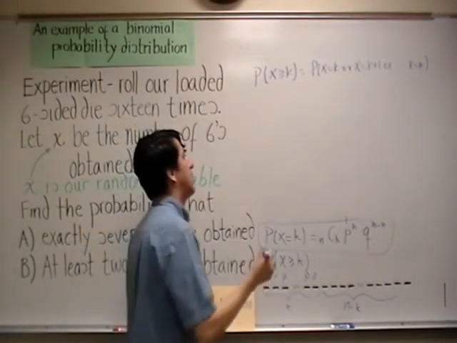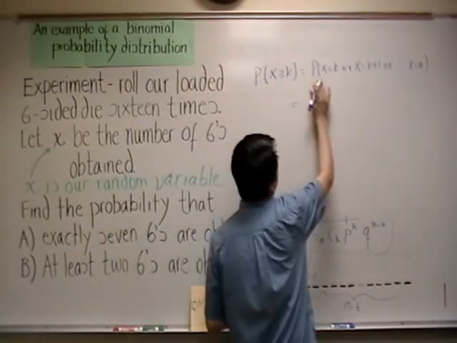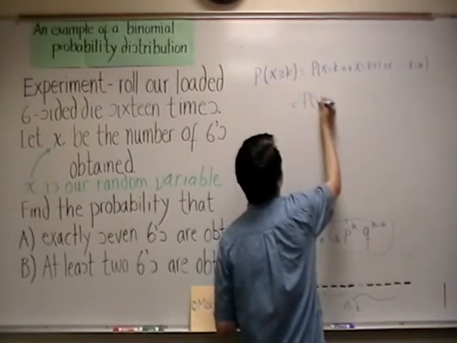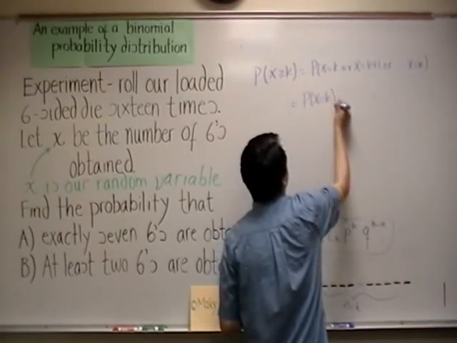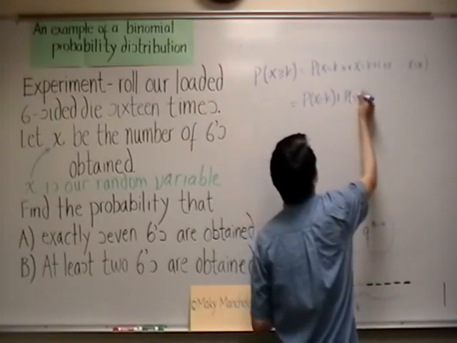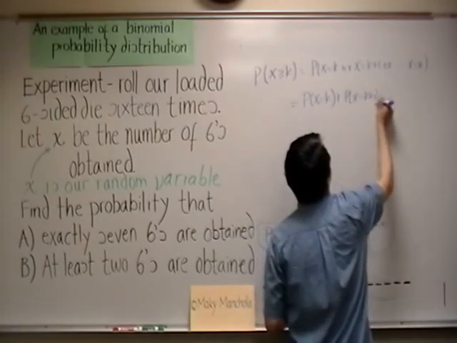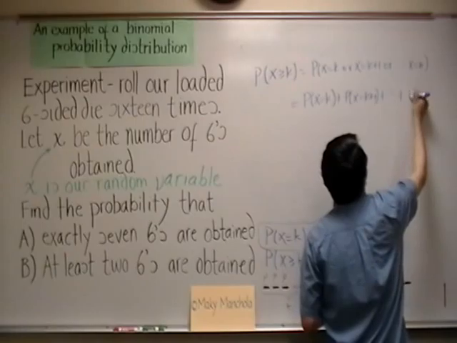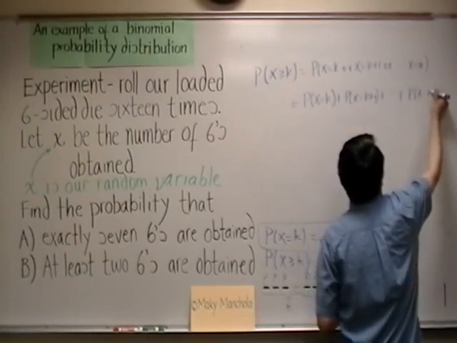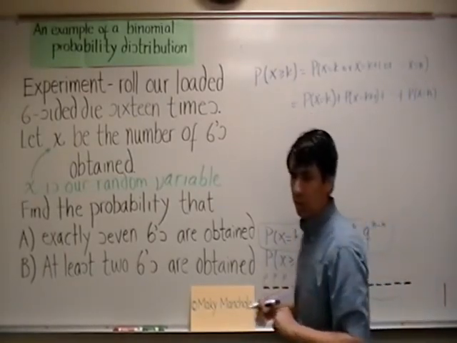So we can use the addition rule for probability. We end up concluding that this is the probability that x equals k plus the probability x equals k plus 1 plus ... plus the probability x equals n. This is the addition rule for exclusive alternatives.